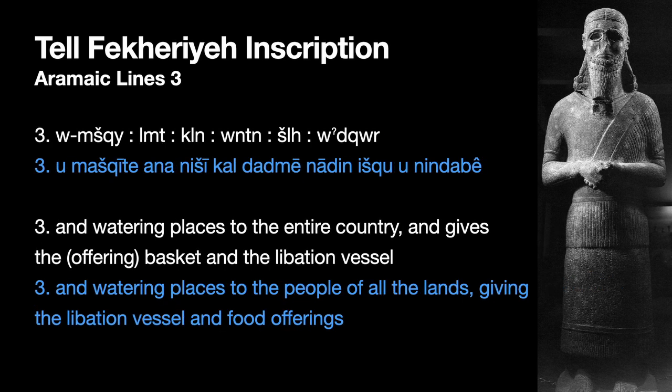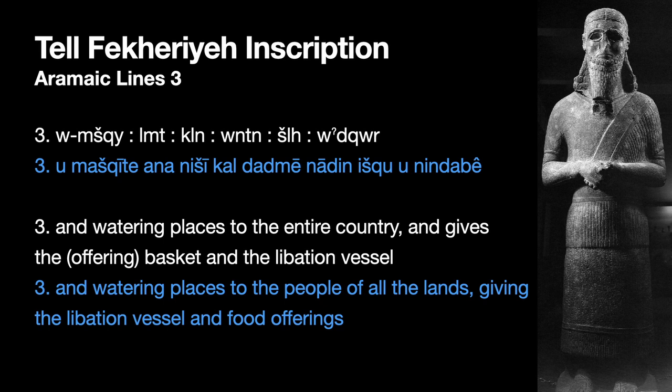So let's go ahead and read line 3, first in the Aramaic on top in the white. Umashkiya lamat kulen unaten shela wadakur. Now the Akkadian in the light blue below.